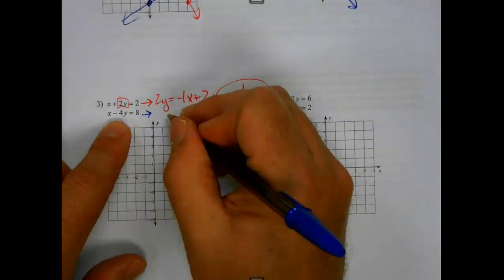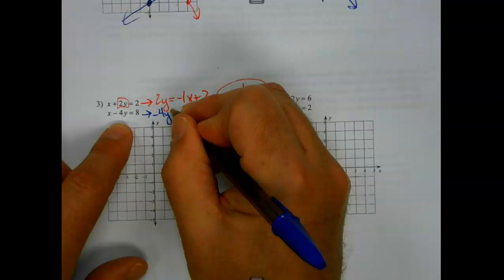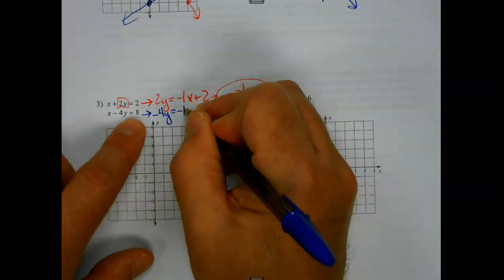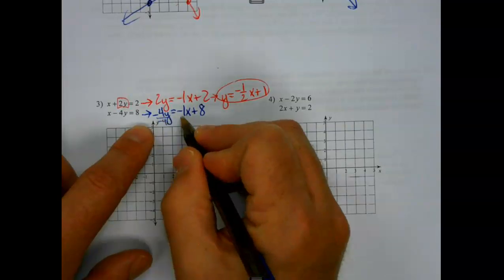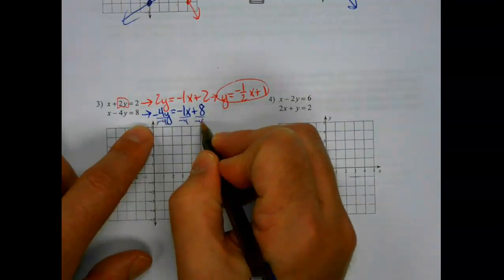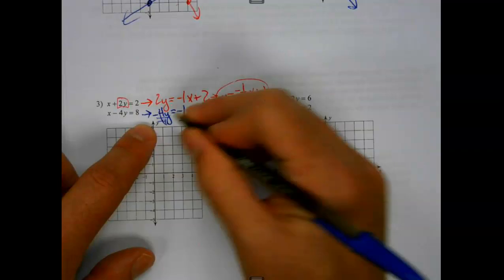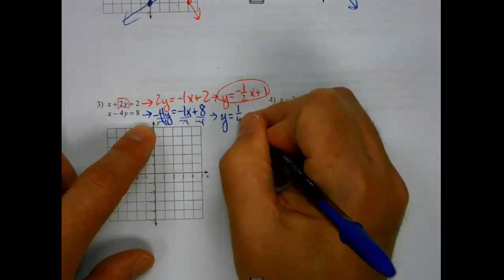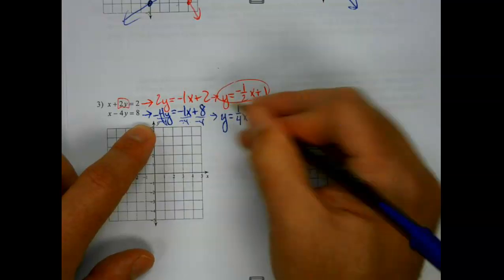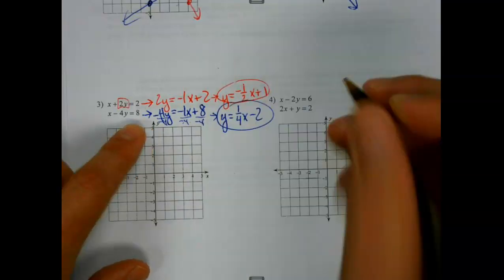Got to subtract the x over again. So we got a -1x that moved over to the other side. And we're going to divide everything by -4. I'll actually show that step this time. Negative divided by negative, it's positive. And I've got my second line.